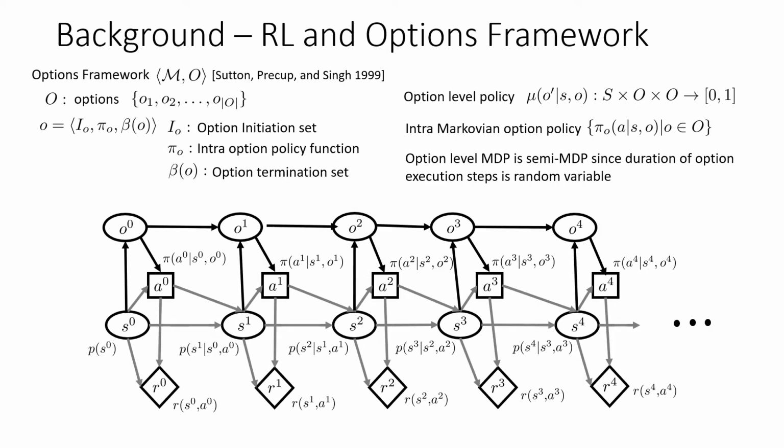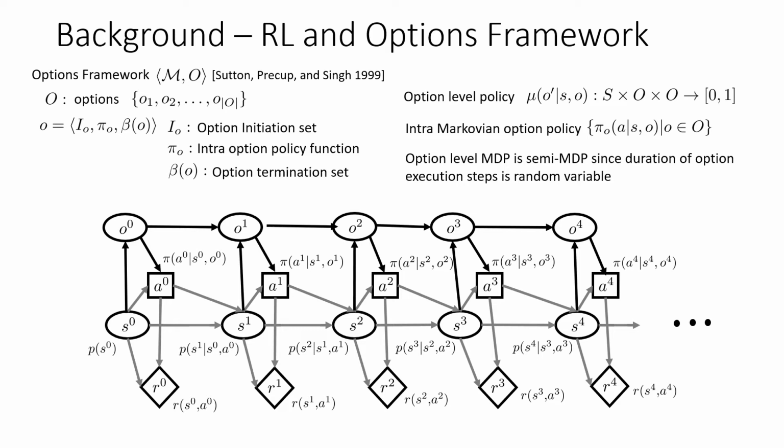The options framework allows formulating the RL as a hierarchical RL by introducing options, where each option defines an MDP or SMDP with its own initiation set, termination set, and intra-option policy function. In the following example, given an MDP, we generate actions through an additional random variable at each time step, denoted by O, where we first check which option can be initiated at each state, and then generate an action by the intra-option policy function.